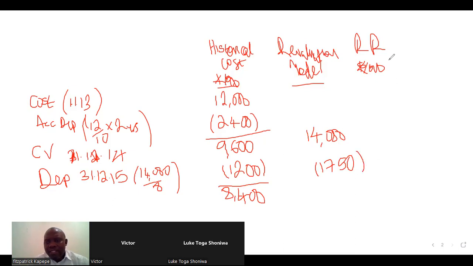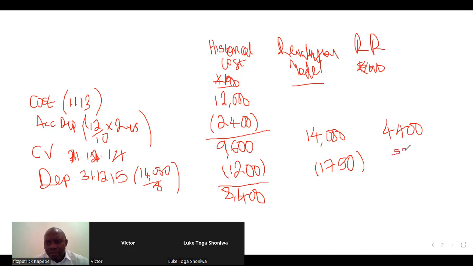The difference to our revaluation reserve would be, first, a difference of how much? Here we have a difference of 4,400. Then here we have a difference of 550.